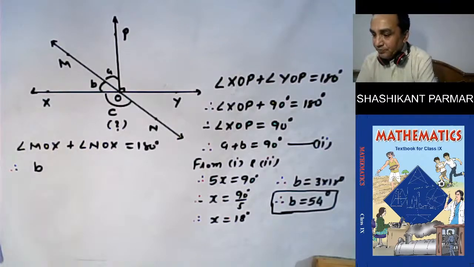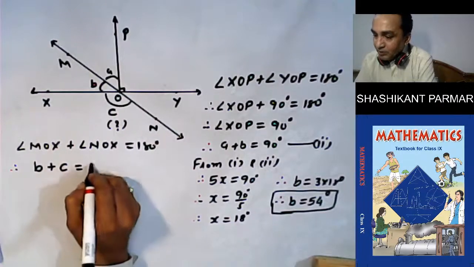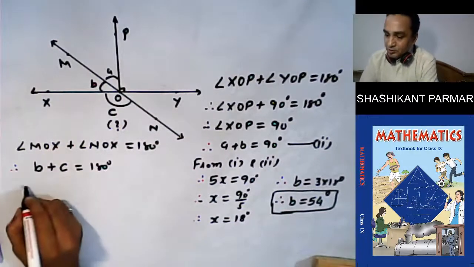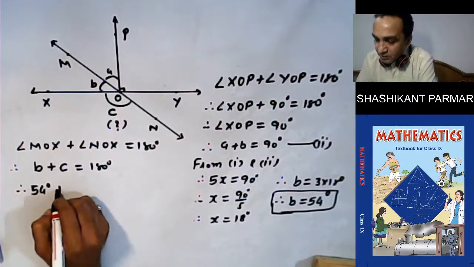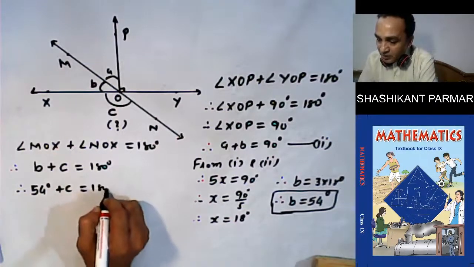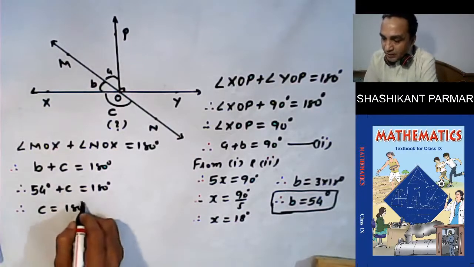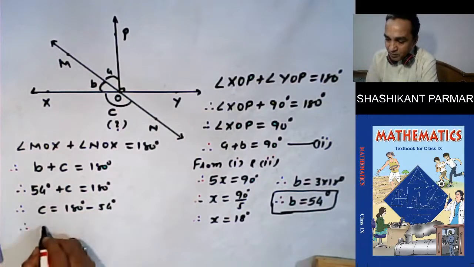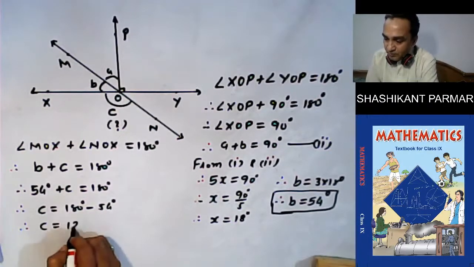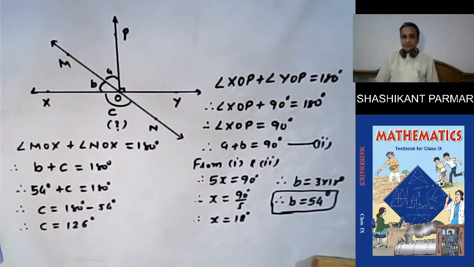It is B. What is NOX? It is C, and the sum is 180 degrees. So therefore, this is 54 plus C is equal to 180 degrees. Therefore, C is equal to 180 degrees minus 54 degrees. Therefore, C is equal to 126 degrees.